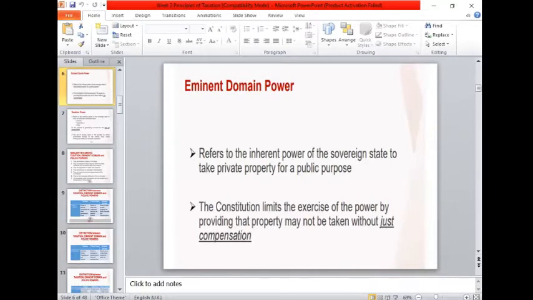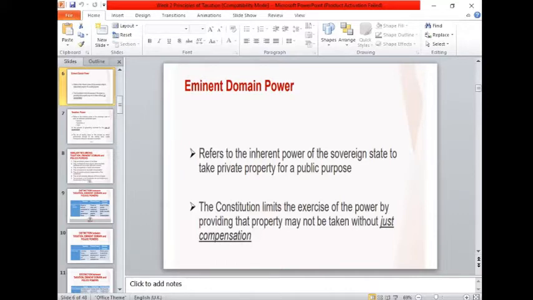This power is exercised to intervene on the private properties of individuals, to take over in case the properties are not yet claimed by the beneficiaries once the owner has died. The second is if those properties are used for public purpose or public interest, for example infrastructure that will benefit the public, then there will be a just compensation.